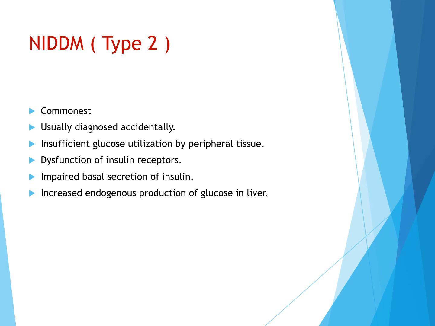The liver has the capacity to metabolically produce glucose. So, if the liver is producing too much glucose, it can also lead to high sugar levels. So, the reasons for type 2 diabetes can be related with the insulin receptors, with the utilization of sugar, or with the metabolic processes in the liver which increase the production of glucose by the liver.